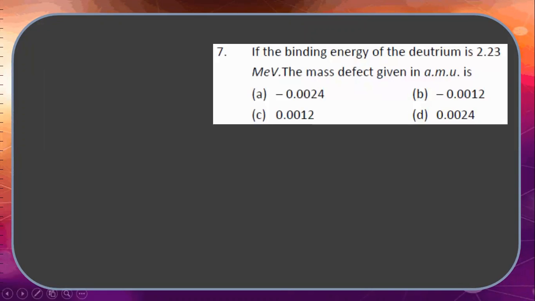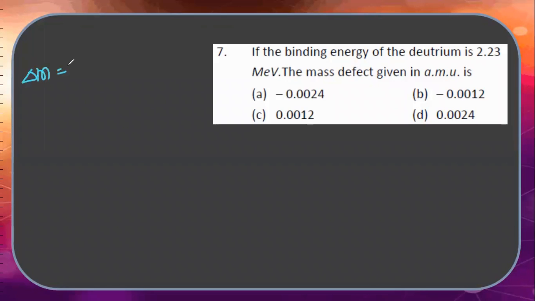The binding energy of the deuterium is 2.23 million electron volts, and the mass defect is to be given in atomic mass units. We have to calculate that mass defect in atomic mass units. Simple. It is given as million electron volts, that's why we have to convert to atomic mass units. This is the mass defect.